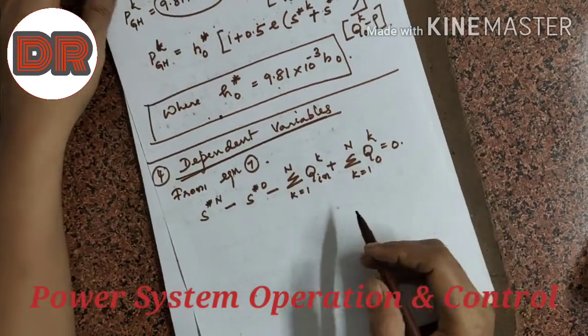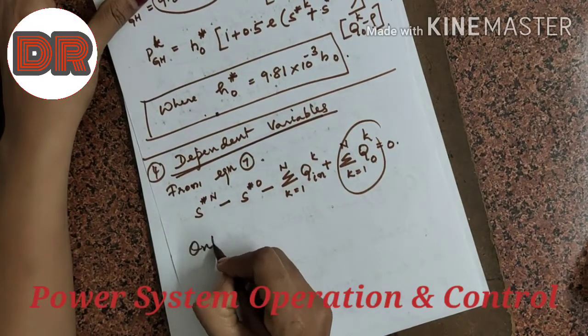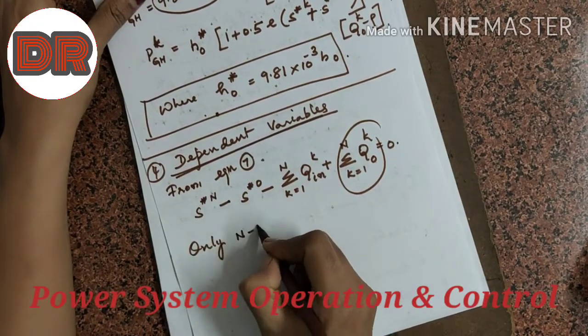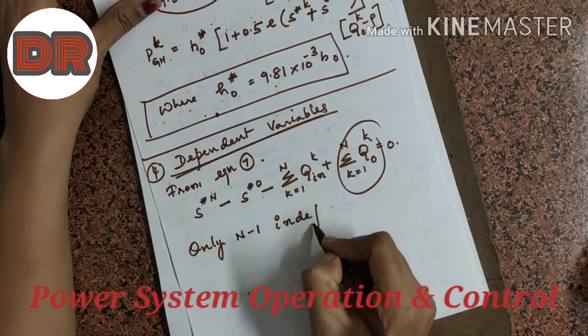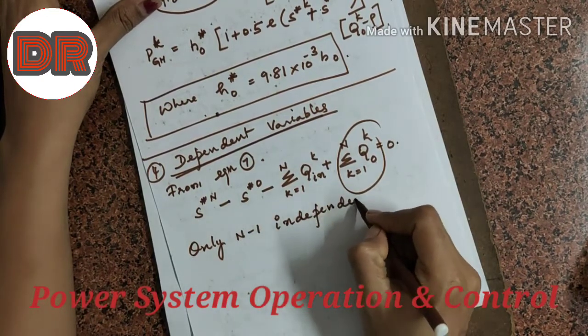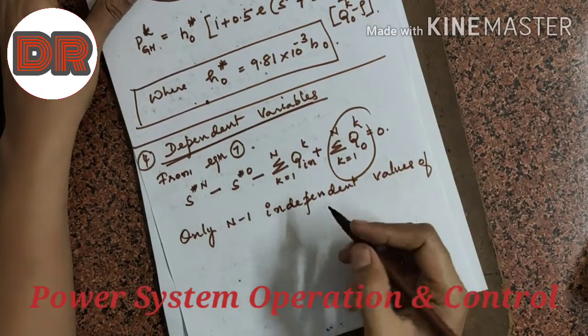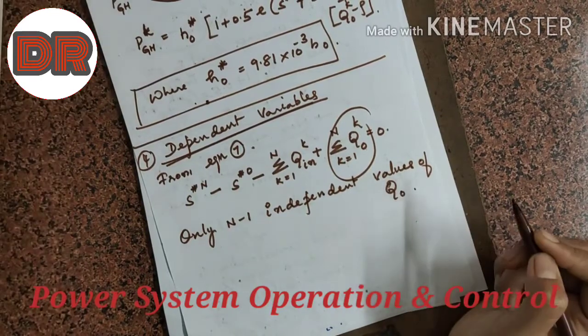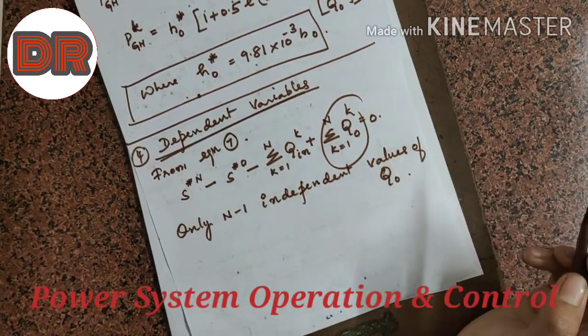So from this what we can see is that we have only n minus 1 independent values of Q naught specified.